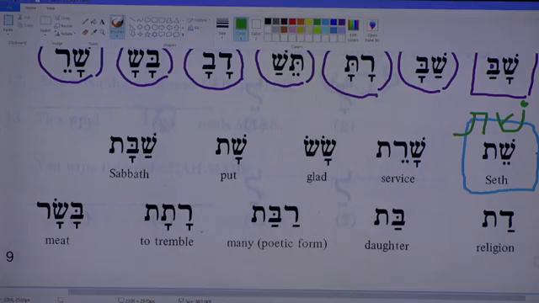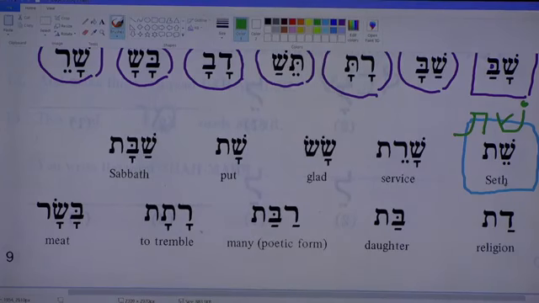So it gets pronounced Seth. And they add this H, like in Bethlehem. That's not the name of that town. Beit Lechem is the name of that town, and there's no TH at the end of it. It's just something that happened in the translations.